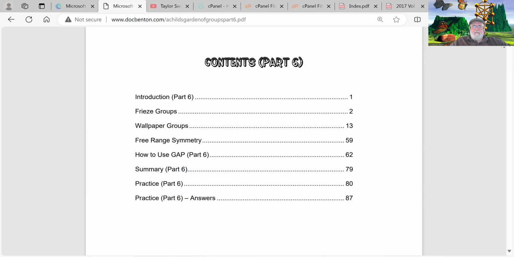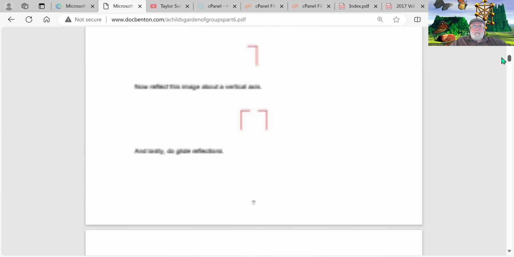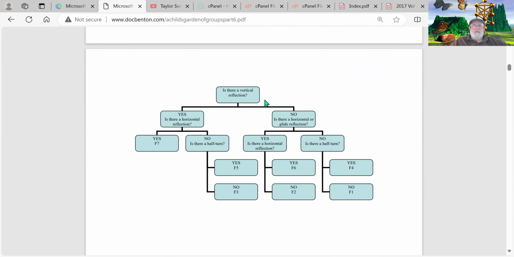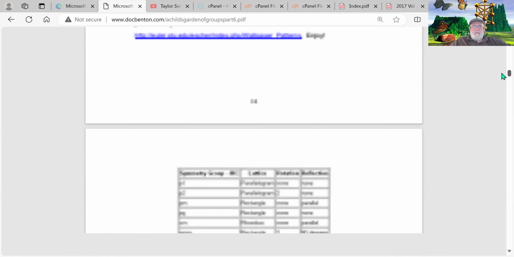Now, in all this stuff on symmetry, let me go down a bit. Let's see what we got here. Oh, okay. I have some flow charts which show you how to identify the group related to a particular kind of symmetry in a frieze group. And then I do the same later on for wallpaper groups. There we go.